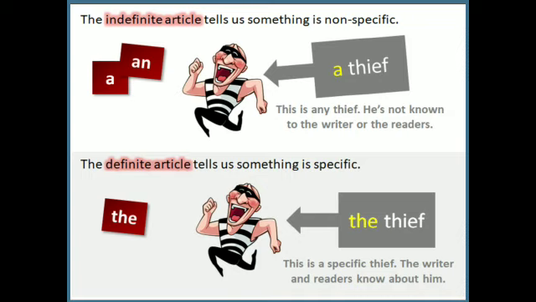But the definite article tells us something is specific. When we use the article the, it shows that the noun is specific, the thief, meaning this is a specific thief. The writer and reader know about him. This is a specific thief which we are talking about.